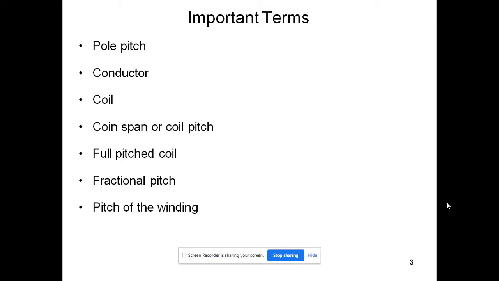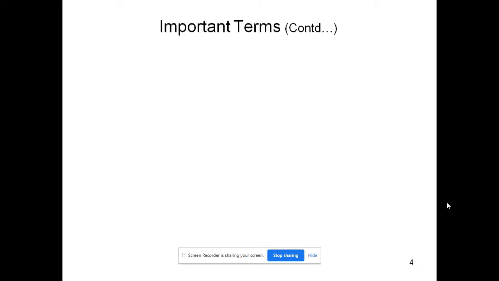And also we are going to learn about the pitch of winding. Now let us see one by one each term.